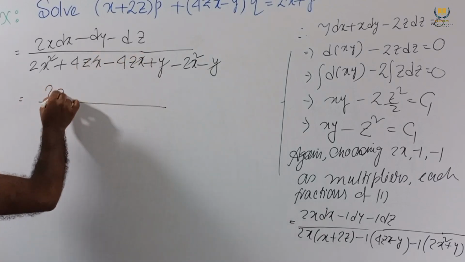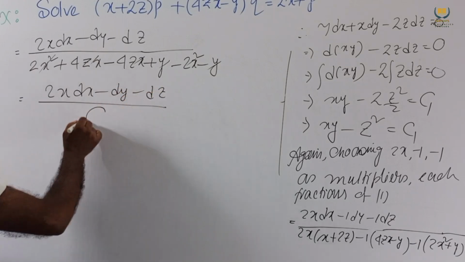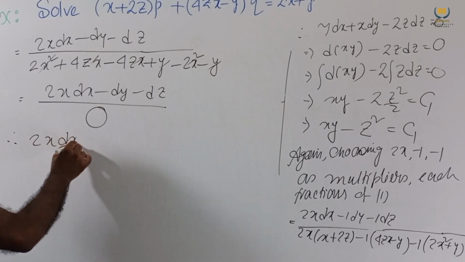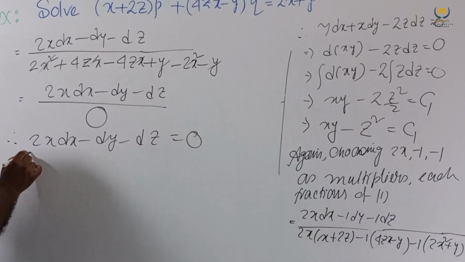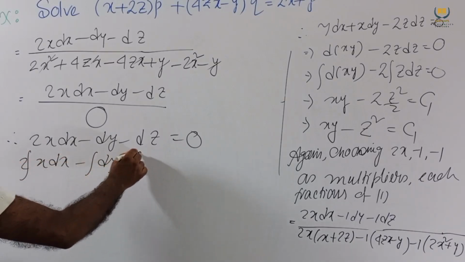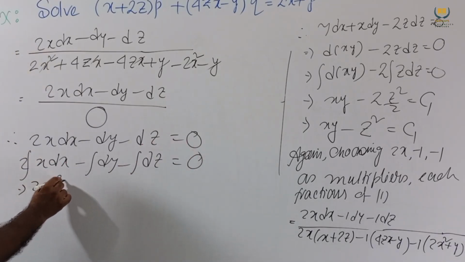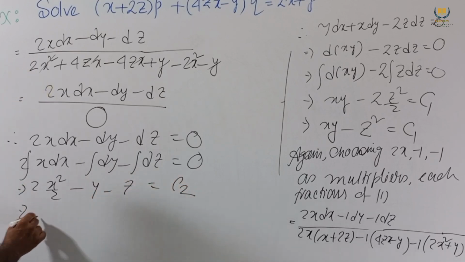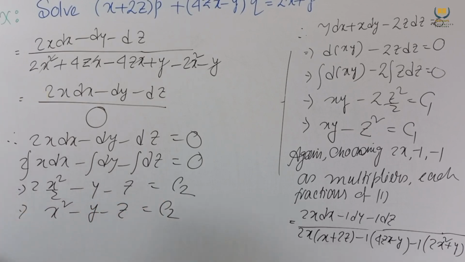So what we get? 2x dx minus dy minus dz by 0. Then by rules we have 2x dx minus dy minus dz equal to 0. If we integrate, we get this: 2x square by 2 minus y minus z equal to c2. So this implies x square minus y minus z equal to c2.